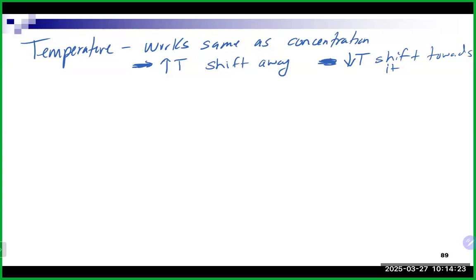Now, how do we know really where temperature is? That has to do with what type of reaction you're dealing with. And that means that you are either dealing with an exothermic reaction, which means that heat and energy is released.